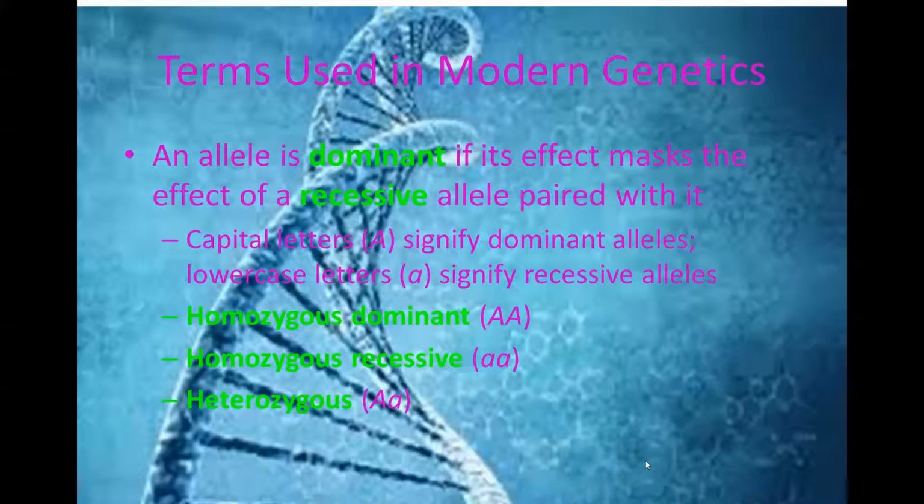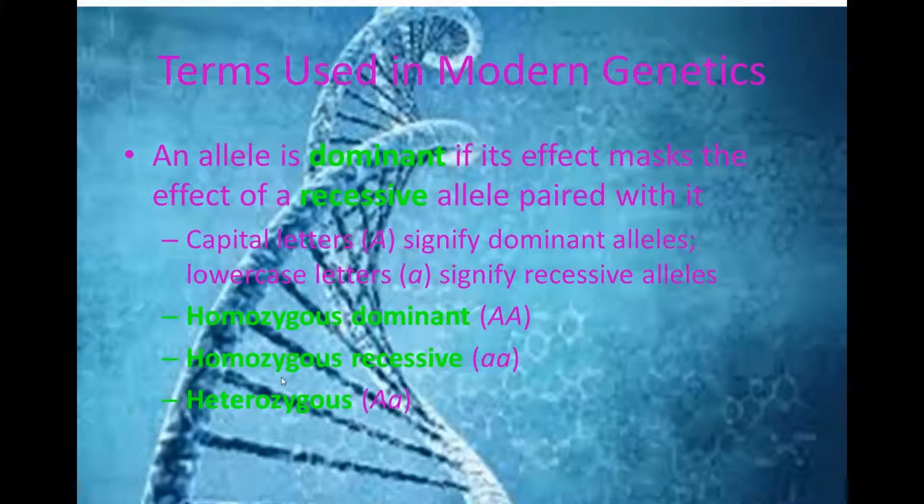Okay, so then you have an allele is dominant if its effect masks the effects of a recessive allele paired with it. So capital letters signify dominant, lowercase letters signify recessive. So again, you have a homozygous dominant because both of them are capital and they are the same, which means it's going to be dominant.